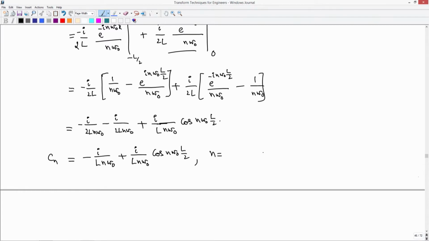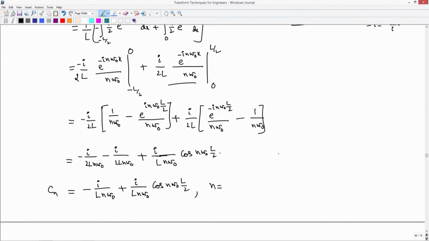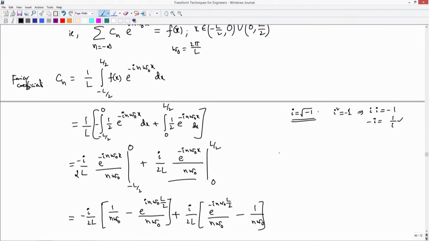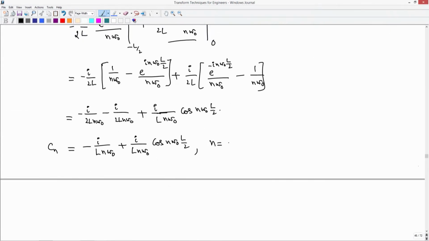If I put n equal to 0, there is a trouble here, because it is 1 by n. This is an undefined term, so n Cn is infinity. So, when n equals 0, you have to integrate separately by putting n equal to 0 in this integration. This is valid only for n equal to plus or minus 1, plus or minus 2, and so on.